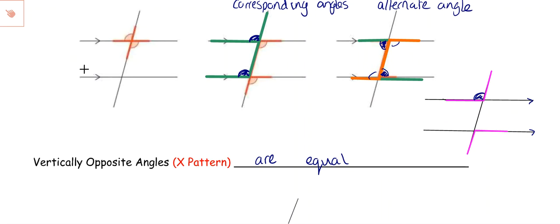Does that make sense? Yes. So F angles and Z angles don't even need to be connected. Remember alternate, they're on the opposite side.